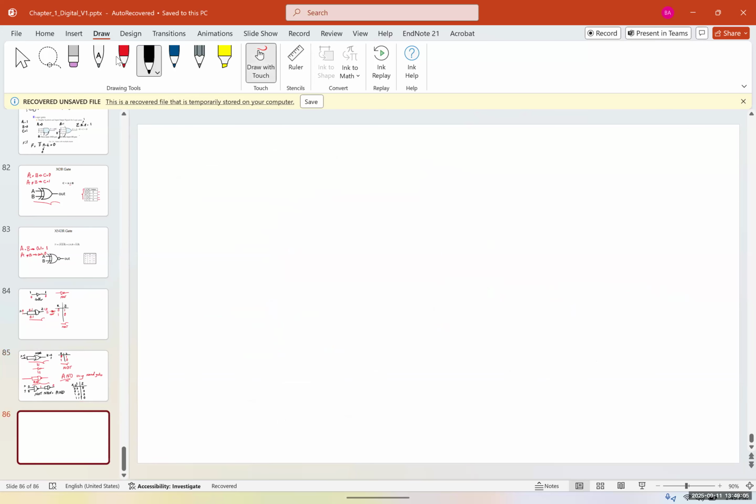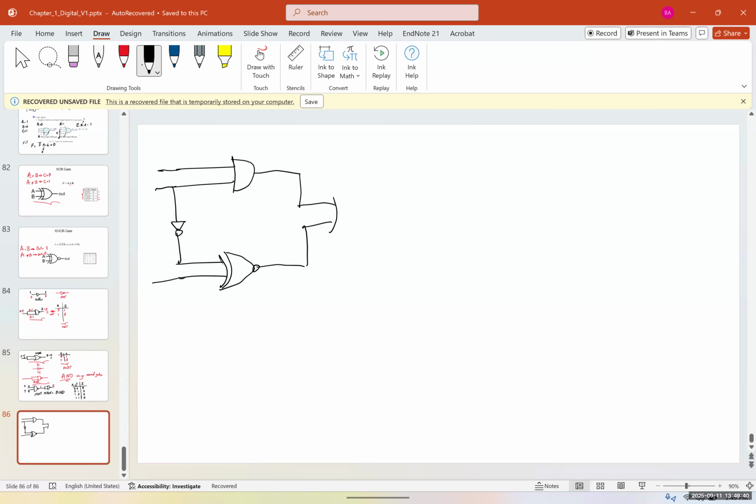Okay, let's solve another one. This is an OR gate, this is an XOR gate, and this is a NAND gate.